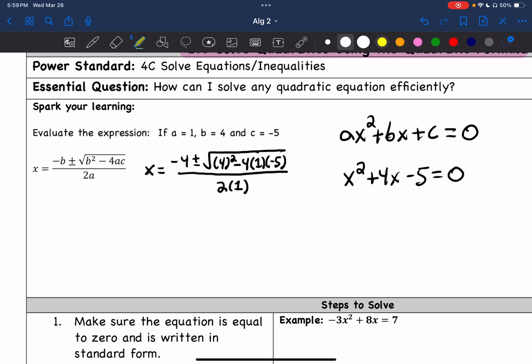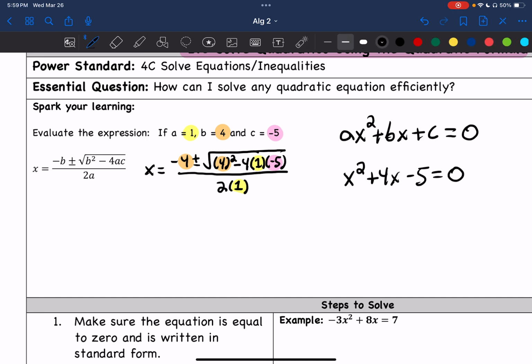And so just to keep track of everything, we took our a, which is 1, and that shows up there and there. We took our b, which is 4, and that shows up there and there. And our c, which is -5, shows up right there.